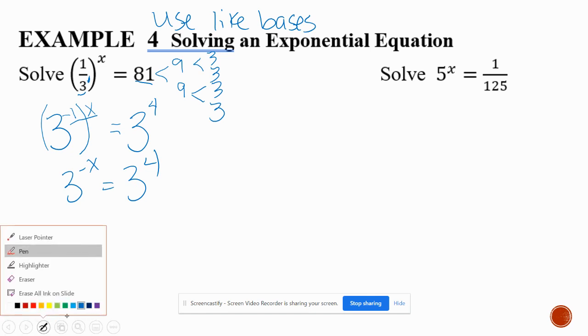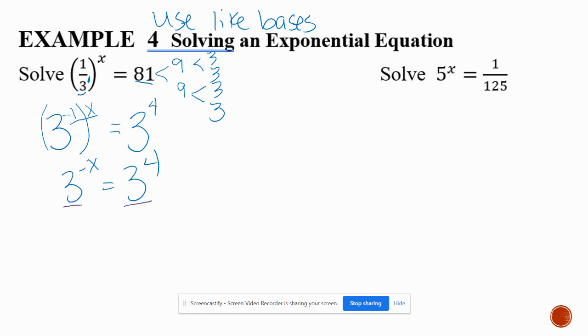Now that I have our same bases, they're both base 3, we're not dividing by them, we're not proving any magic wands or anything. We're just saying, as long as I know my bases are the same, I can set my exponents equal to each other. We can say negative x is equal to 4. Well, that's negative 1 times x.